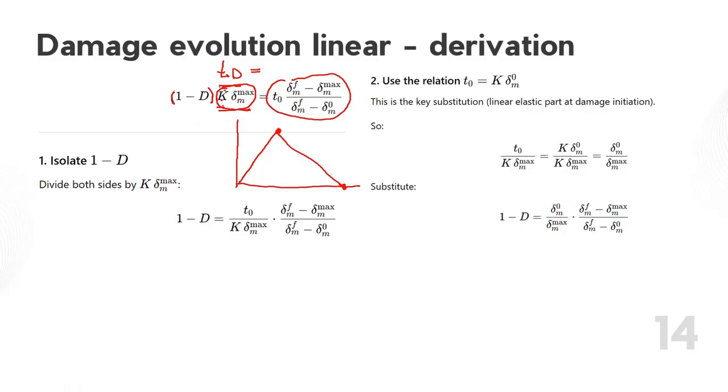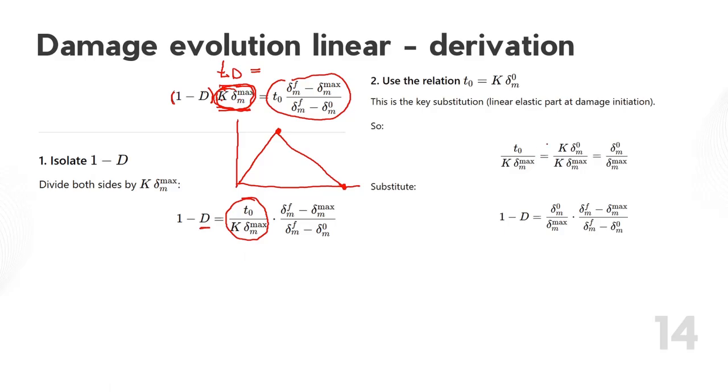Okay, so let's isolate this 1 minus d. I can express that K times delta m max is equal to t0 divided by 1 minus d. Once I take those two variables and put them on the other side, I will receive this equation. I need to extract and isolate this damage.